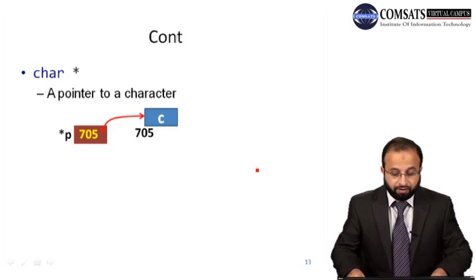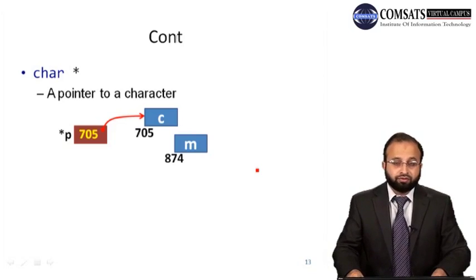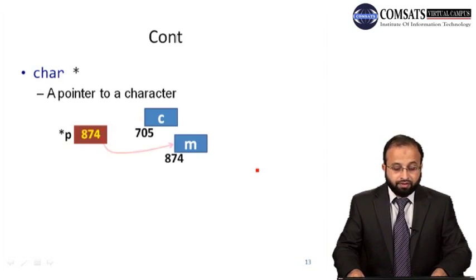For example, you have another memory location where you store character m, then you can assign the address of that memory location to the pointer. Now the address is 874.